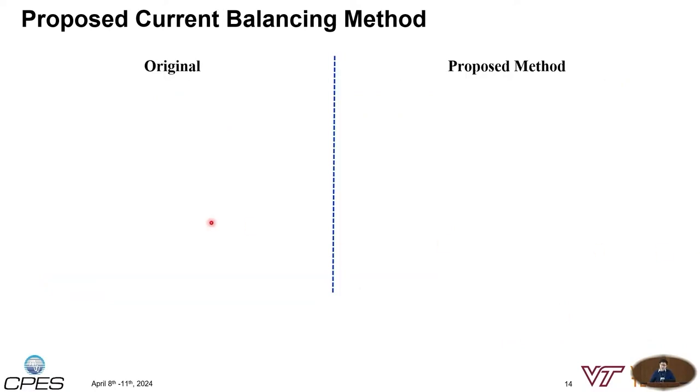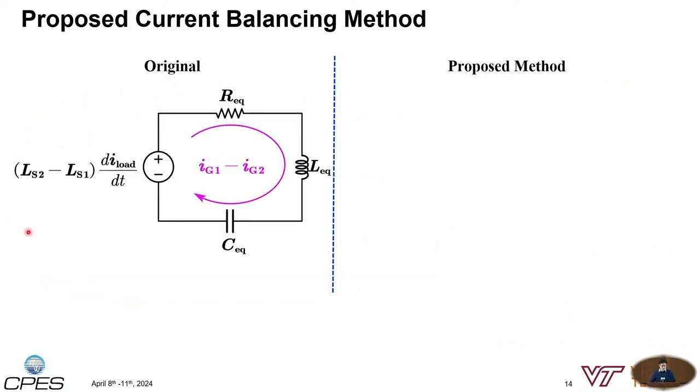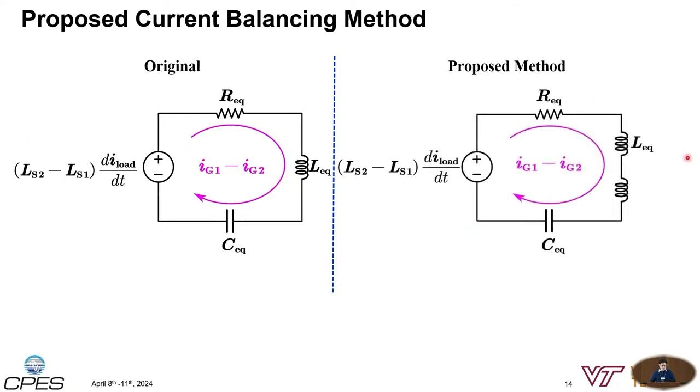Let's compare the equivalent circuits between the two cases. The left-hand side shows the original equivalent circuit. The right-hand side shows the equivalent circuit of the proposed method. In both circuits, the voltage source, REQ, LEQ, and CEQ have the same mathematical expressions, but on the right-hand side, if we adopt our solution, additional terms appear that help suppress the unbalanced gate current.